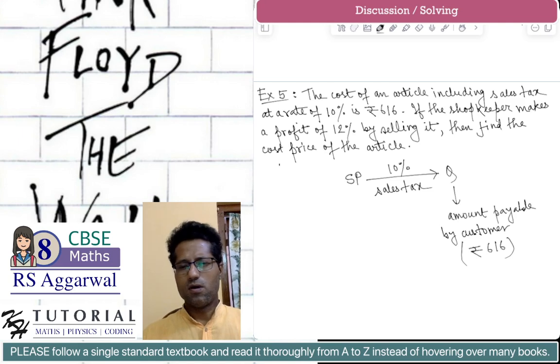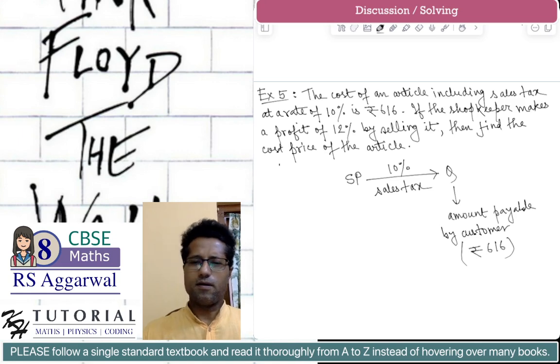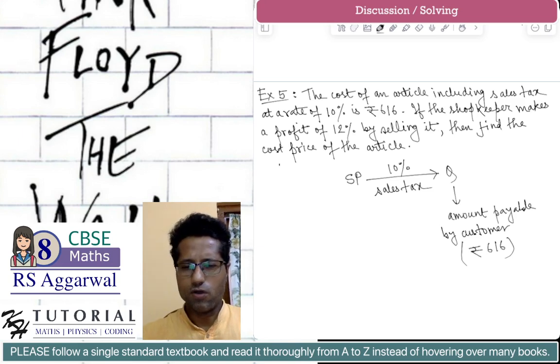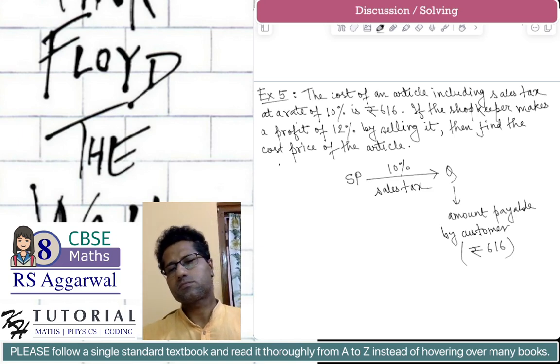So we know the selling price. Now, we also know that the shopkeeper is making a profit of 12% by selling it.